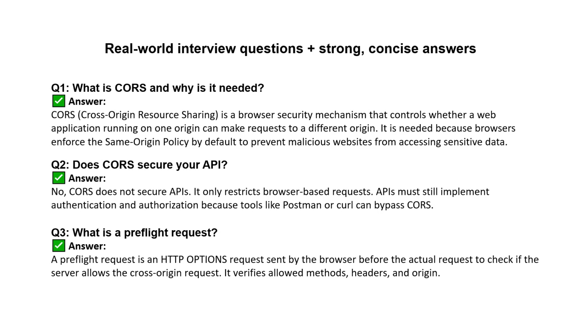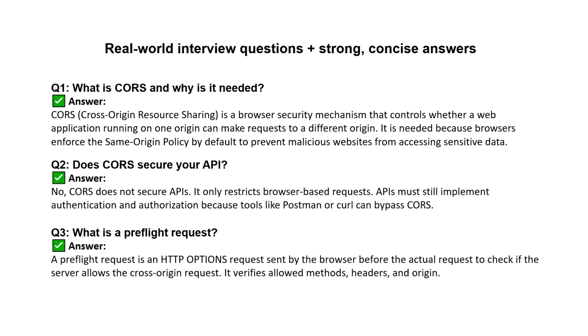Now question 2. Does CORS secure the API? No, it doesn't secure the API. It only restricts browser-based requests. I already told you earlier, APIs must still implement authentication and authorization because tools like Postman and curl can bypass CORS.